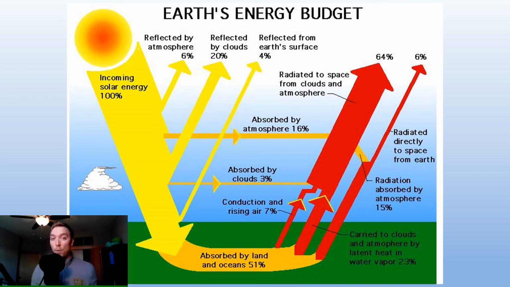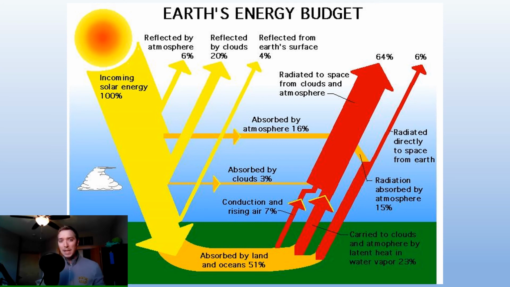And then another 4% is reflected from Earth's surface. Then we take a step to the right. We see absorption, what is being absorbed into Earth's system. About 51% is absorbed by land and the oceans. Another 3% is absorbed by the clouds, and another 16% is absorbed by the atmosphere.